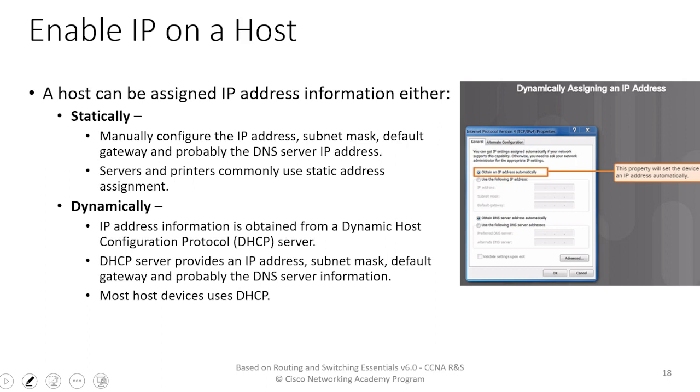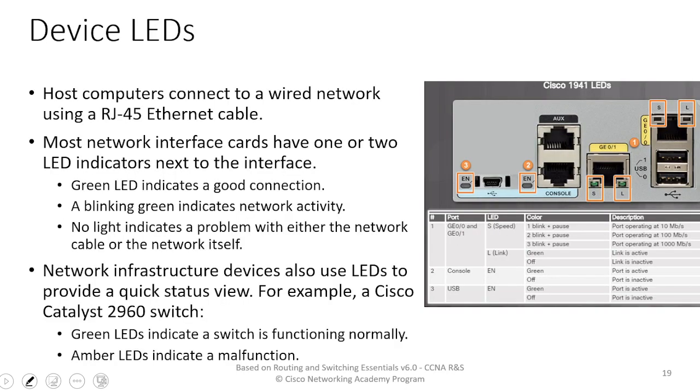But we would still use static configurations with other devices in the network, for example the switches, configuration ports in the switches, routers, and servers, where sometimes we may need to have a fixed static IP allocation. In those scenarios we would use static allocation, but in other cases we would default to dynamic IP allocation.